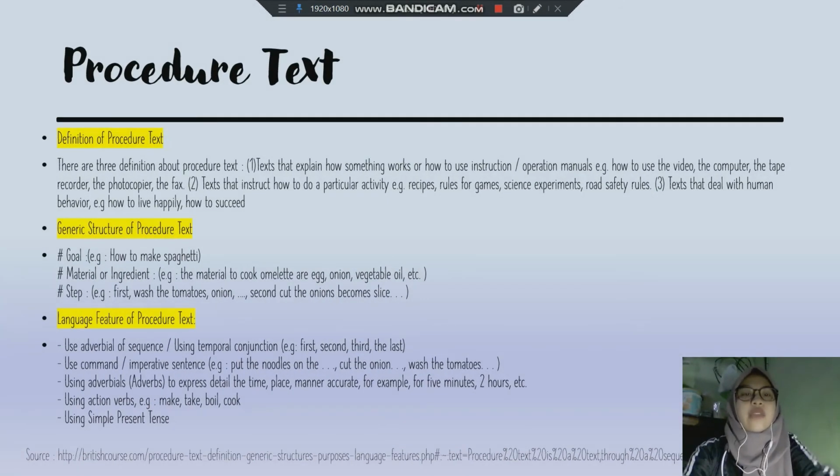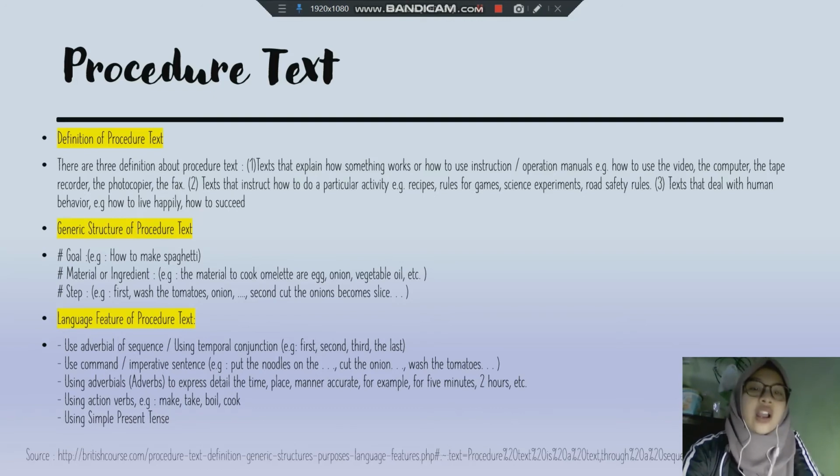Procedure text. Definition of procedure text. There are 3 definitions about procedure text. First, text that explains how something works or how to use instruction or operation manuals. Example, how to use the video, the computer, the tape recorder, the photocopier, the fax. 2.